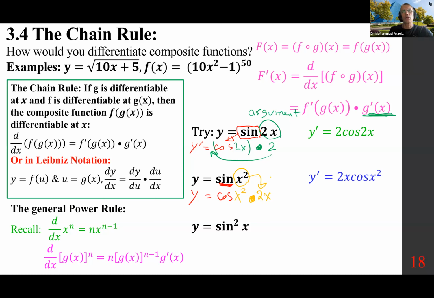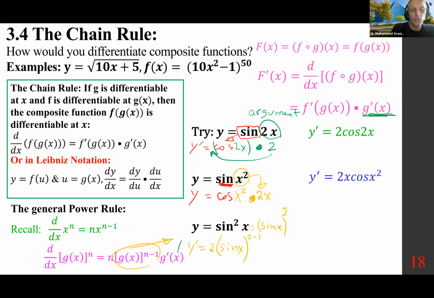For the last one, I'm going to rewrite this, and you don't have to, but when I rewrite it as sine x to the second power, now I notice that I can use the extended power rule. Sine x to the power of 2 minus 1 is this part.